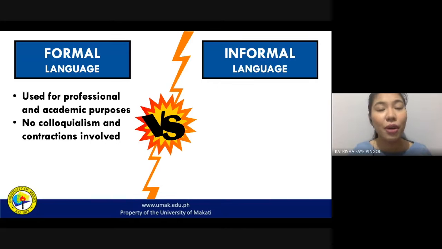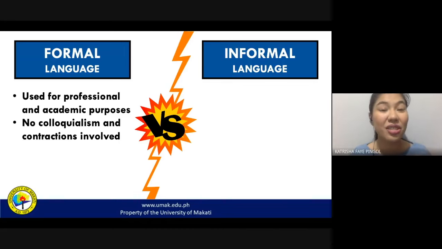Now, in using formal language, there are no colloquialisms and contractions involved. Therefore, we try to avoid slang, for example, words that are commonly used on the streets, words that we often use when we communicate with people we are close with, and certain phrases that we believe are not appropriate for a formal setting like a business, an office, or a school or an institution.